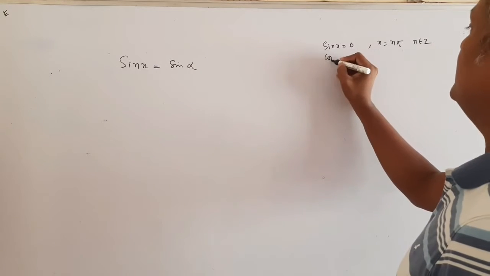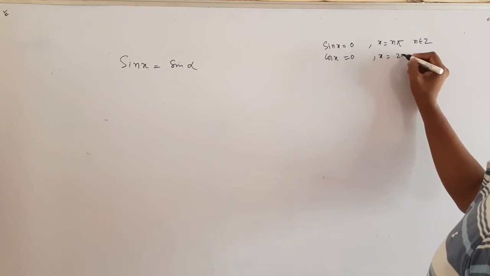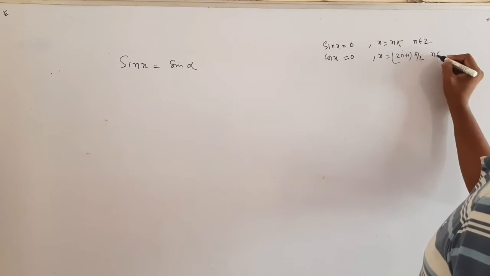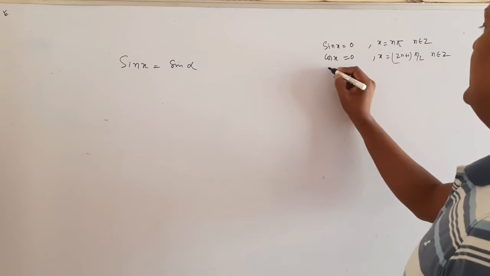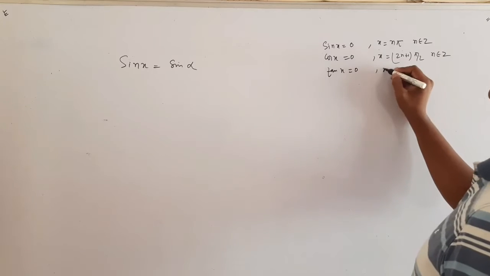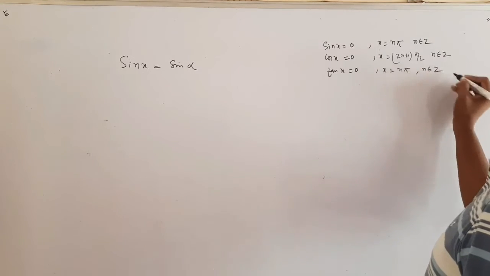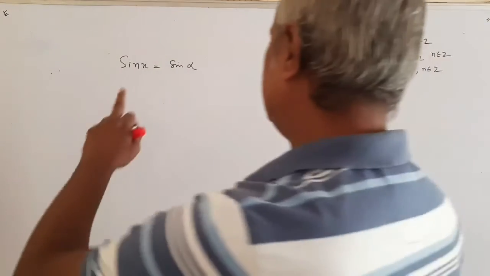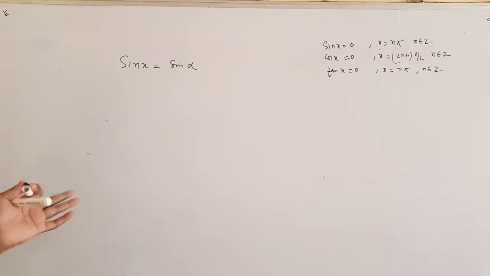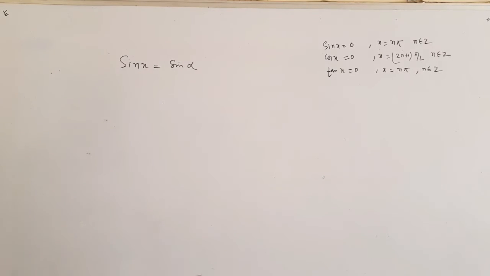When we have cos x equal to 0, then x is (2n plus 1) pi over 2, where n is an integer. When we have tan x equal to 0, just like sin x, x is n pi, where n is an integer. Now in this case, sin x is not 0 but some value which can be expressed in the form of sine. So sin x is sin alpha. How to solve this one?